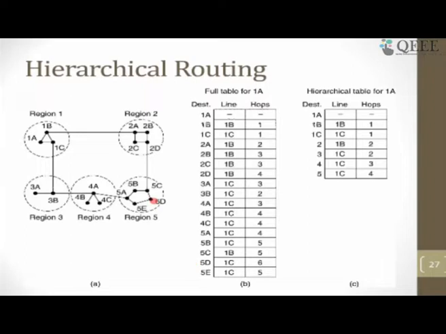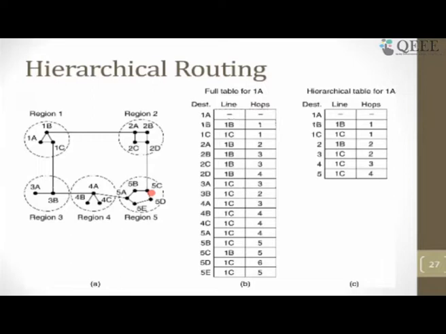But in a hierarchical version, 1A, 1B, 1C are nodes internal to region 1, and then we build entries for regions 2, 3, 4, 5. Instead of building up an entry for each node inside a region independently, we have one entry in the routing table which will take us to that region.